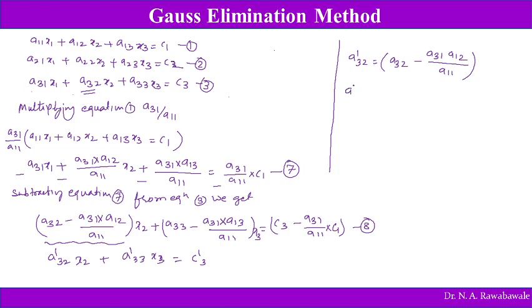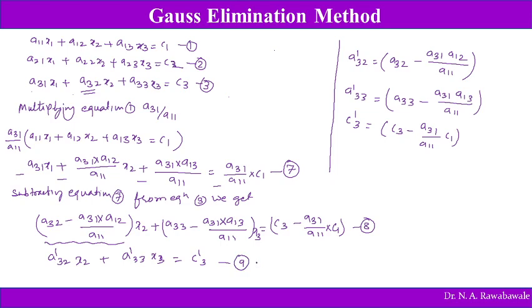Then a dash 33 is equal to a33 minus of a31 a13 divided by a11, and c dash 3 is nothing but c3 minus of a31 divided by a11 into c1. Now from this we obtained equation number 9.